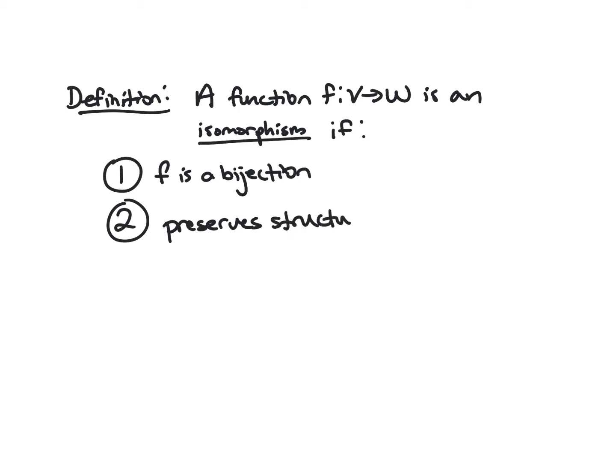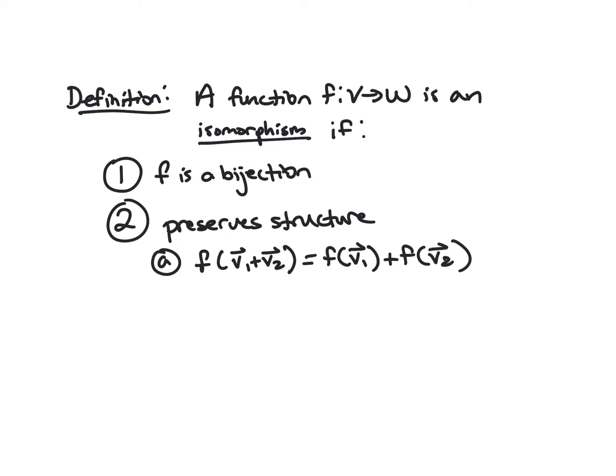What do I mean by this? To be more precise, two things hold. First, under addition: f(v1 + v2), if I add in V, should be the same thing as if I took the two things over to W and added them up after applying the function.